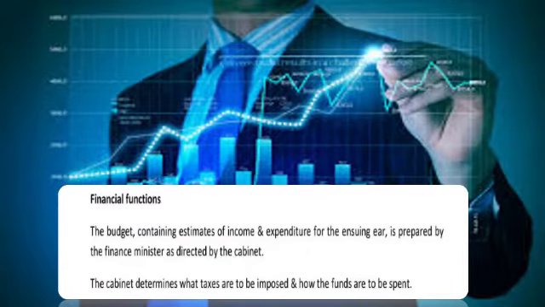Financial functions. The cabinet is responsible for the whole of the expenditure of the government and for raising necessary revenues to meet it. A money bill can be introduced in the Lok Sabha only by a minister. The annual financial statement, that is the budget, occupies a particular position.